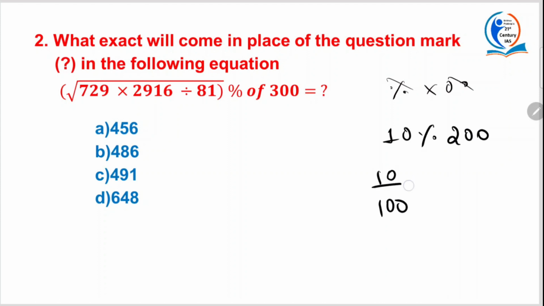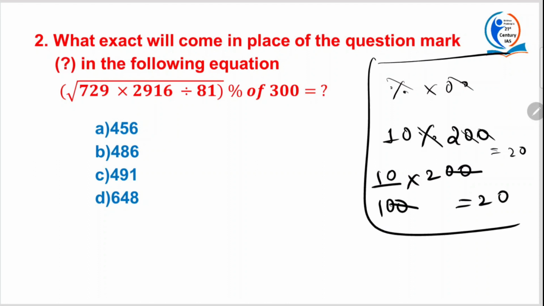It is 10 by 100 into 200. So this and this will get cancelled. It is 20. Now, if you cancel this percentage and 2 zeros, you'll get the same thing, right? So this is one thing you have to remember. Percentage and 2 zeros cancel out each other. So here percentage and 2 zeros will cancel out each other. So whatever you will get, into 3 is the answer.